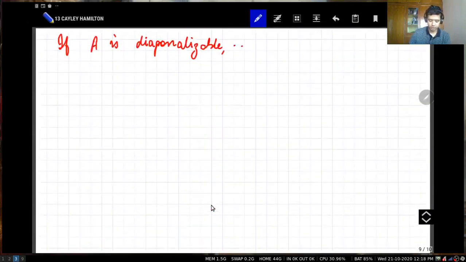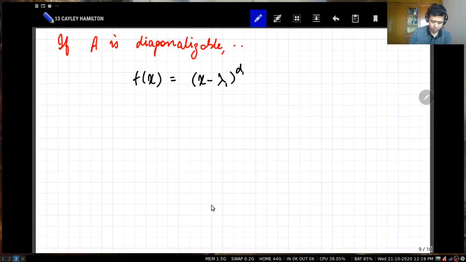Okay. So if the matrix A is diagonalizable, then we can precisely say what the minimal polynomial must be. Suppose that the characteristic polynomial for A has the following form: f of x equals (x minus lambda 1) raised to d1, (x minus lambda 2) raised to d2, and so on, (x minus lambda k) raised to dk.